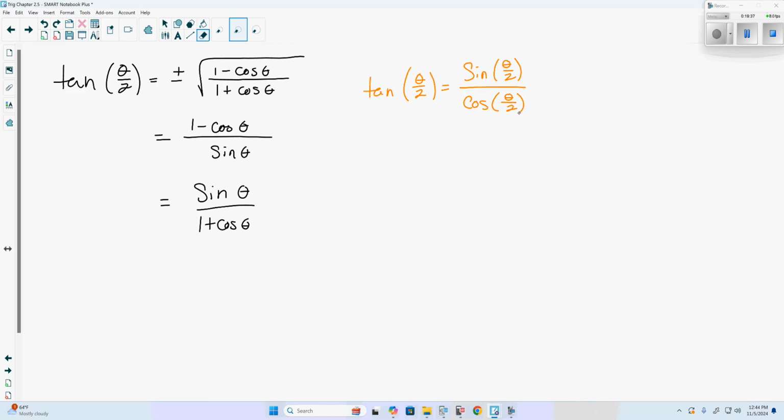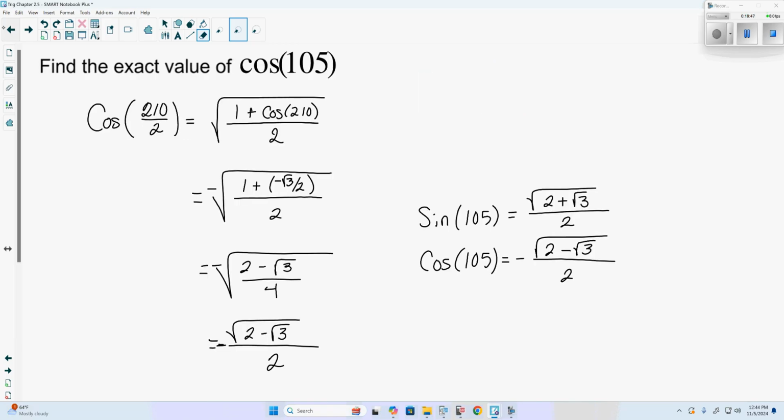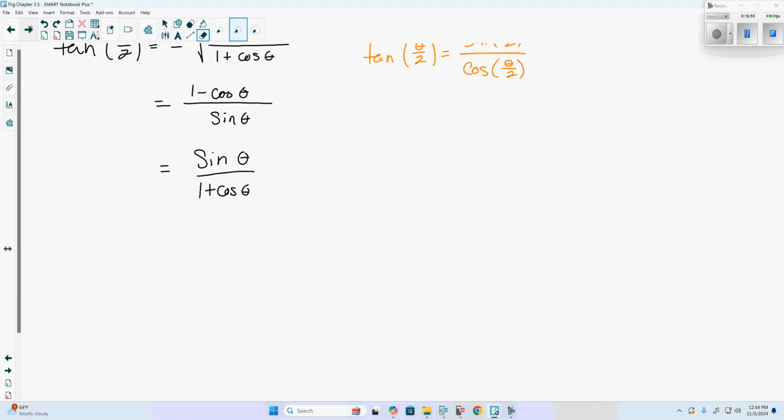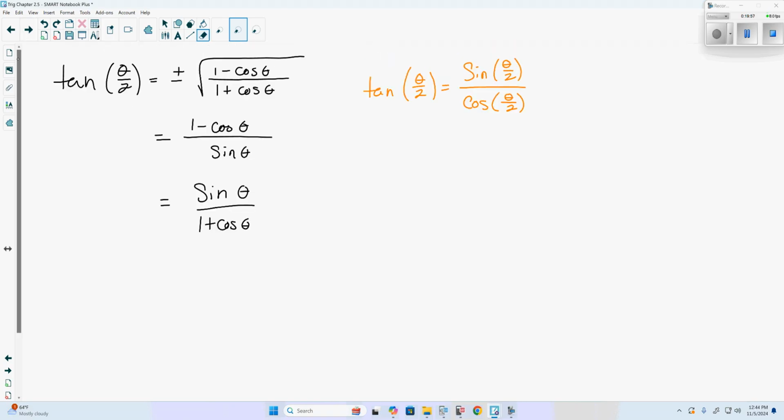Now, if theta over 2 was a nice answer, these work fine. But since sine of theta over 2 and cosine of theta over 2 are these here, trying to divide those is nothing that is going to be bad. It's just going to be a little challenging. So I would use one of these two here. We can use this second one.